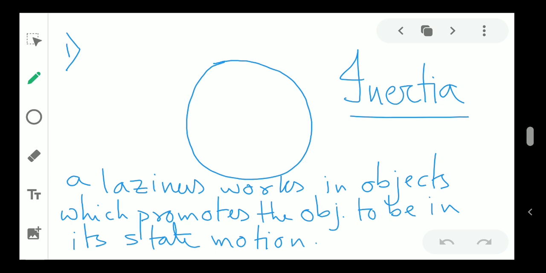Now, if you talk about this inertia, we might ask how it depends on the object. If I talk about the earth, and if I talk about a small marble, is the inertia the same? So let us talk about a very fat person. He is really fat, okay, very big, and there is a very tiny person.